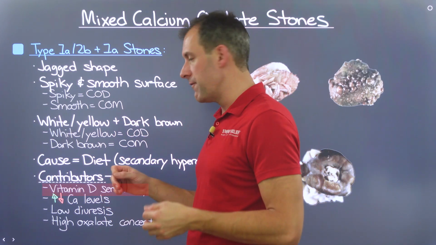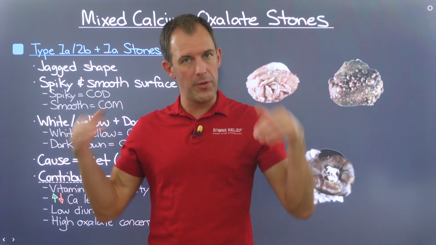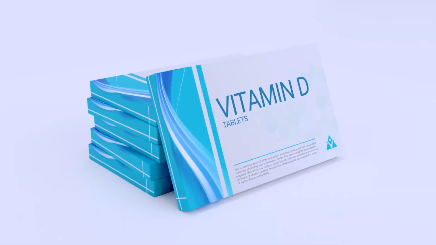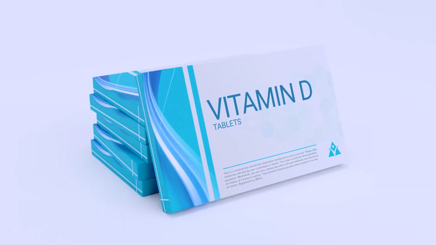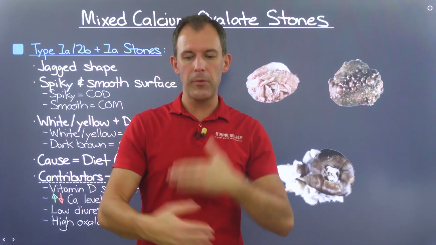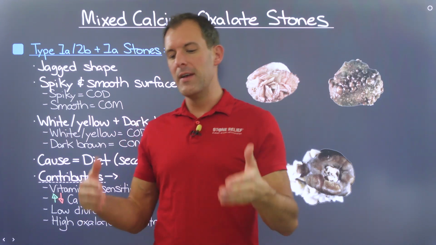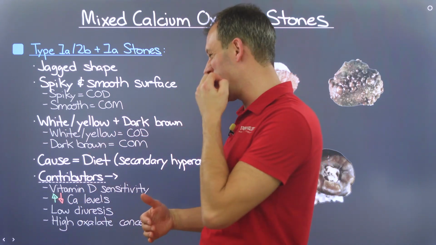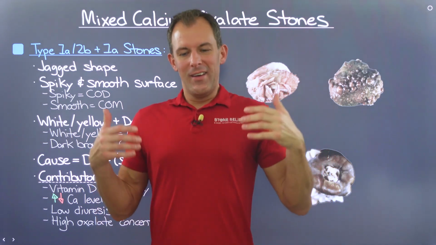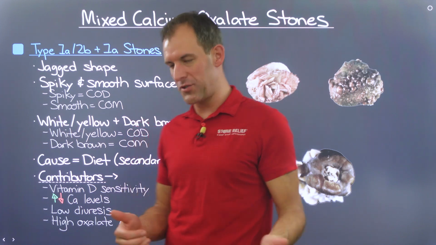So the first thing is vitamin D sensitivity. Especially during the winter months that we're in right now when this video is going to be published, vitamin D supplementation is relatively high because sunlight is low, especially in northern latitudes. So people take vitamin D to try to balance things out. That can be problematic because vitamin D has the ability to generate calcium oxalate stones in particular, when it passes a certain level.